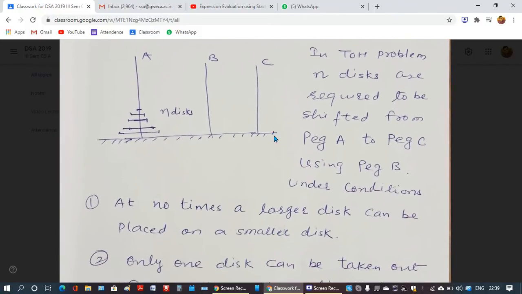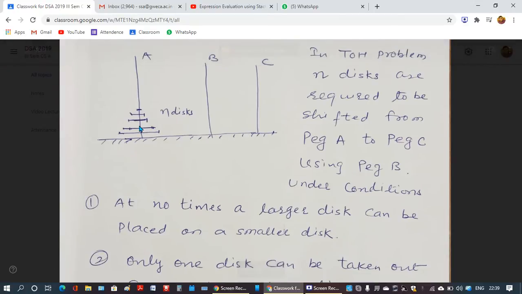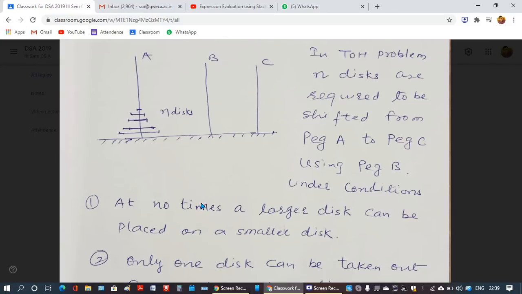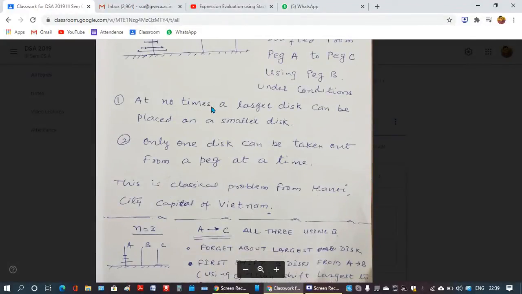In the Tower of Hanoi problem, n disks are required to be shifted from peg A to peg C. So we are interested in shifting the disks from peg A to peg C using peg B, and this peg B will be used as an auxiliary or helping peg under the conditions that at no time can a larger disk be placed on a smaller disk.